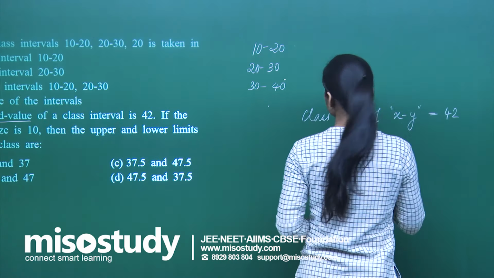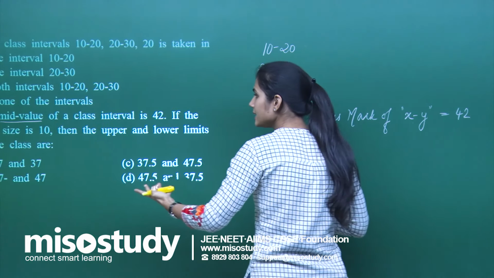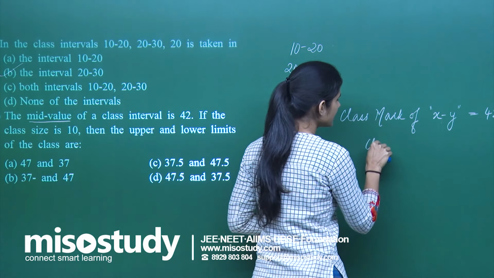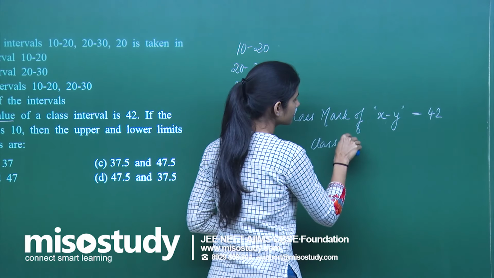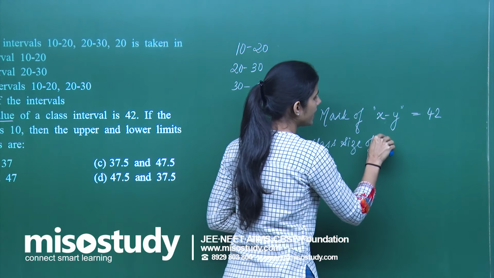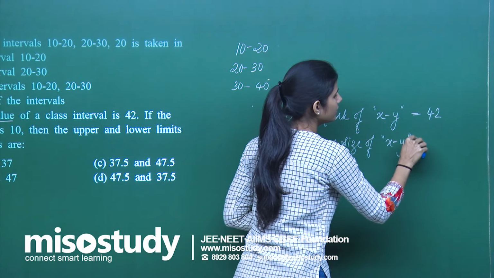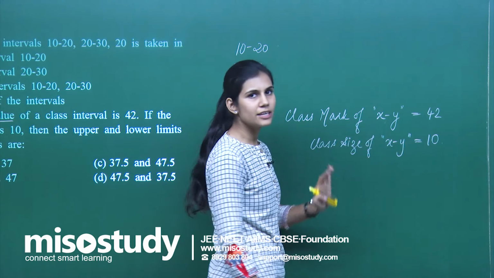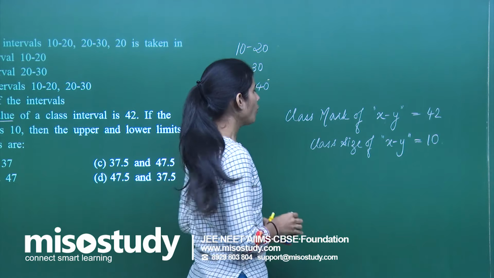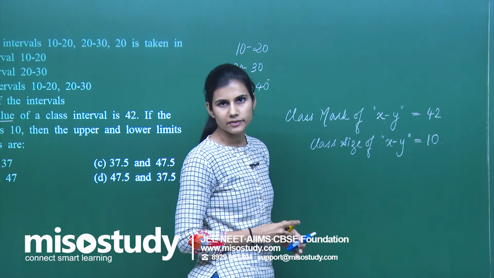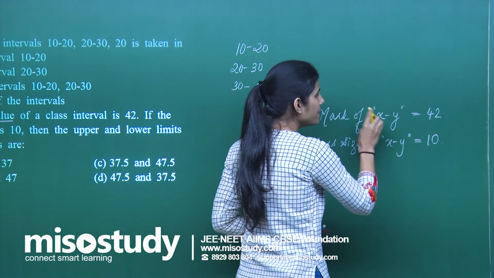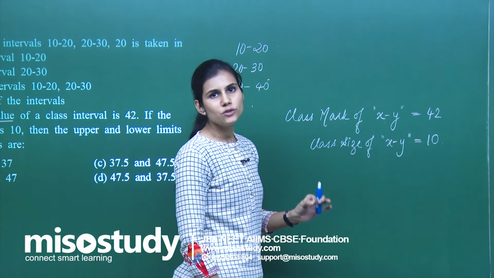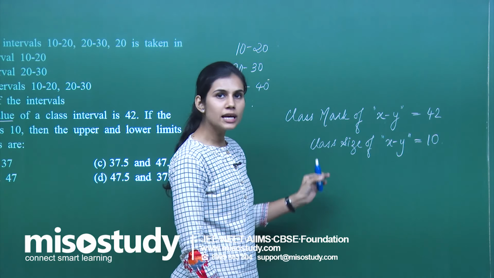This is my class interval. If the class size of the x to y class interval is 10, then find out the values of the upper limit and lower limit, that is x and y. What is the class mark of a class interval? Y plus x upon 2, that is the mid value of that class interval, gives you the class mark.